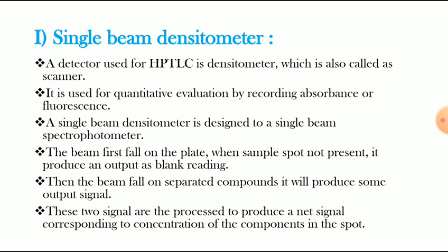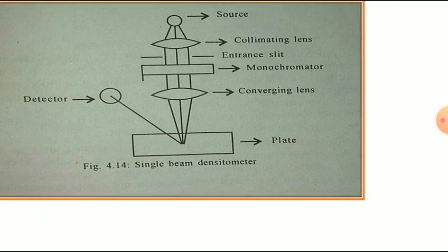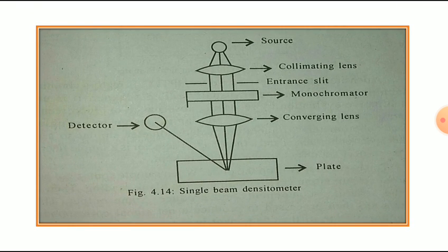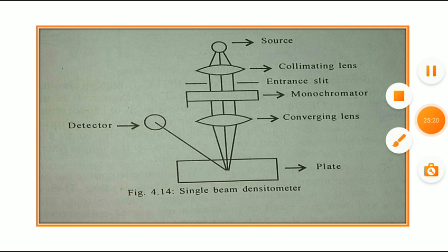Now we will see the schematic diagram of the single beam densitometer. See that diagram. So this is the single beam densitometer schematic diagram. Now we will see each and every component of this single beam densitometer.